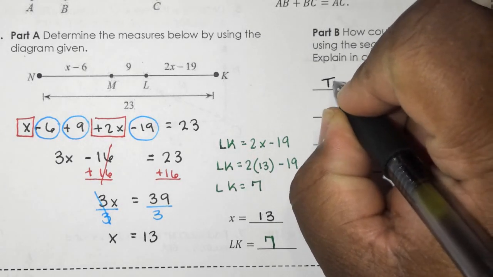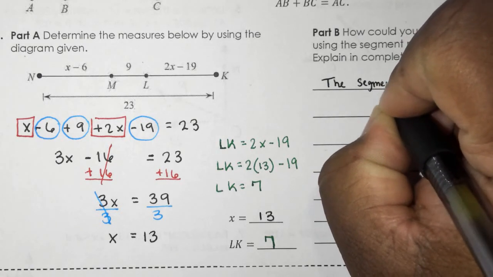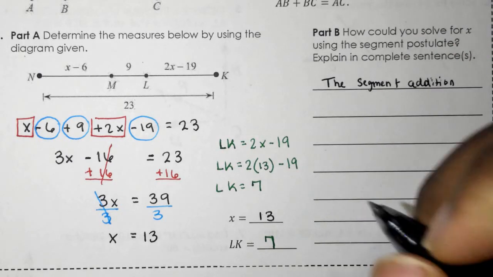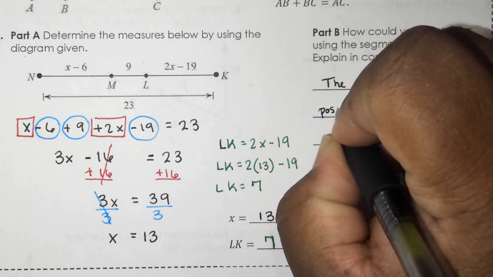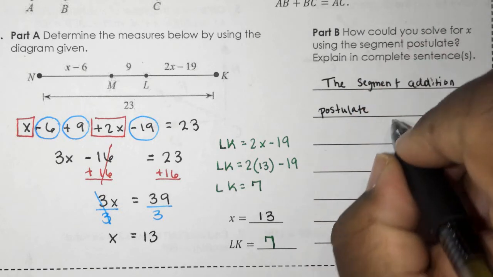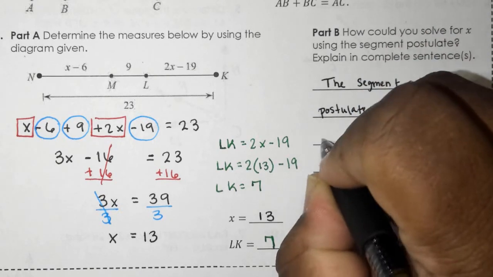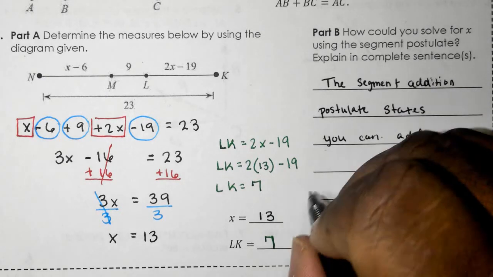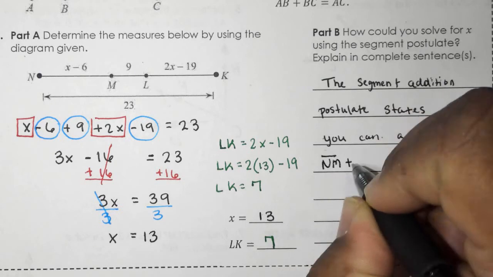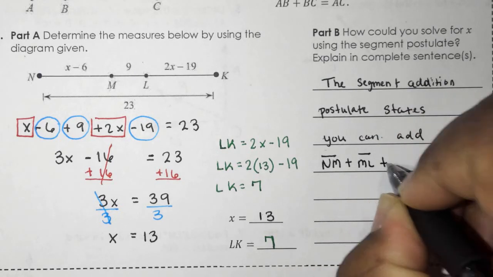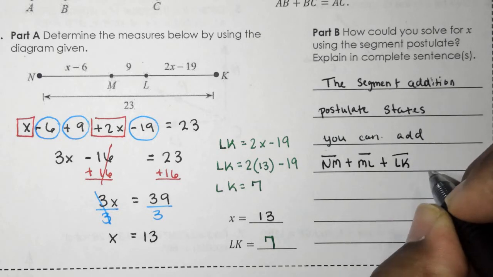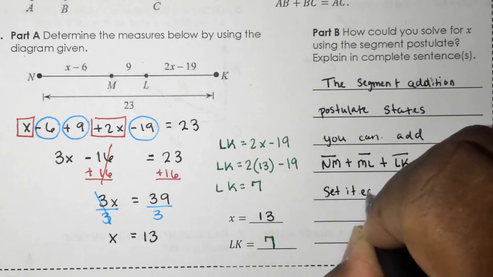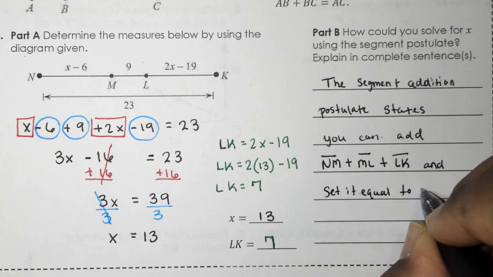So I would say the segment addition postulate states you can add NM plus ML plus LK and set it equal to NK.